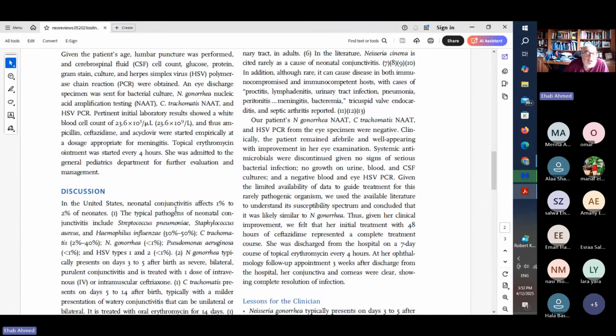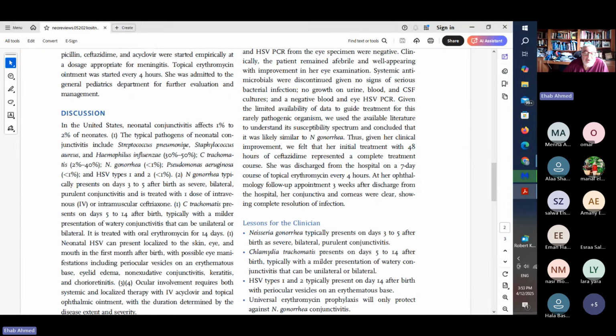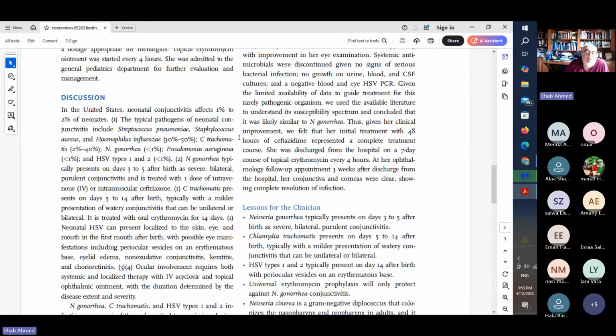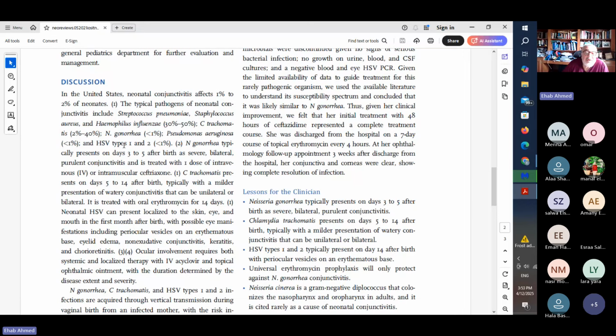And a few words about this case. In the United States, neonatal conjunctivitis affects 1% to 2%. The typical pathogens include Streptococcus pneumoniae, staph, Haemophilus, like any other infection, and chlamydia, gonorrhea, Pseudomonas, HSV.